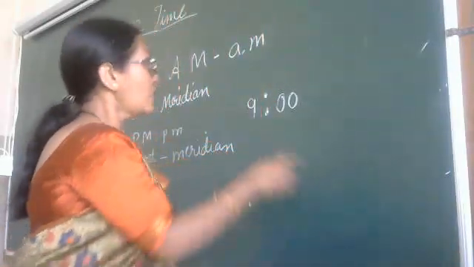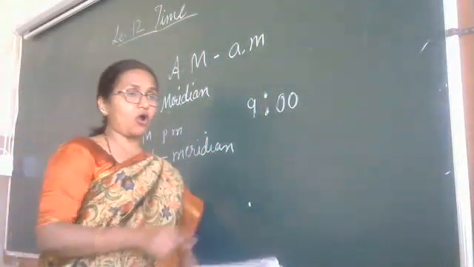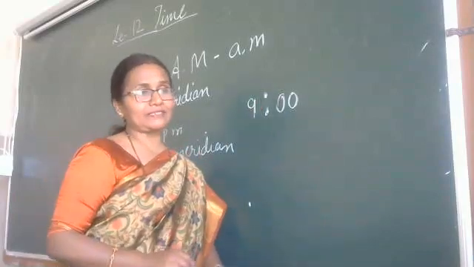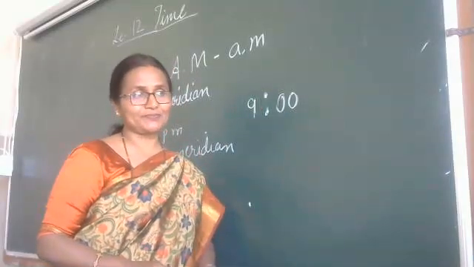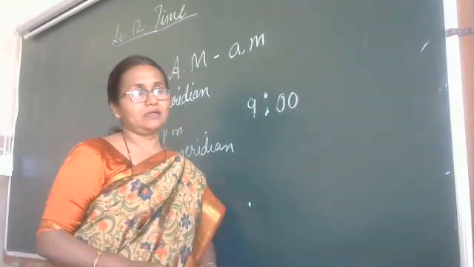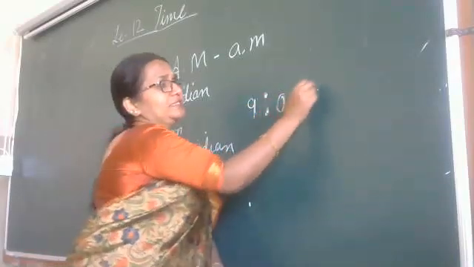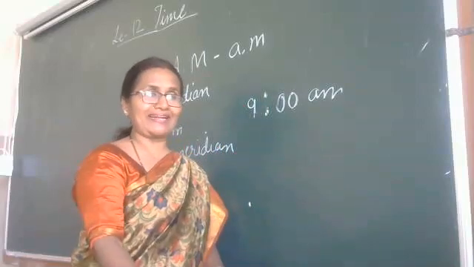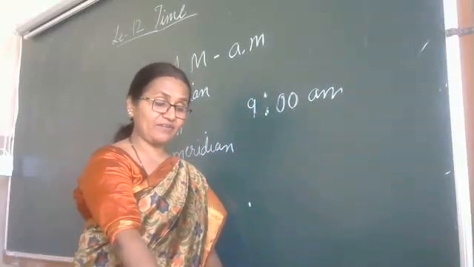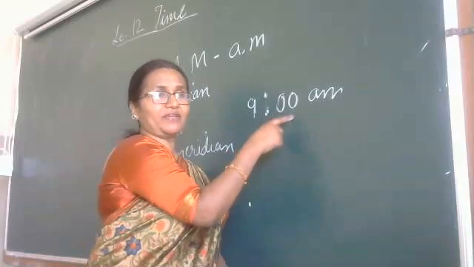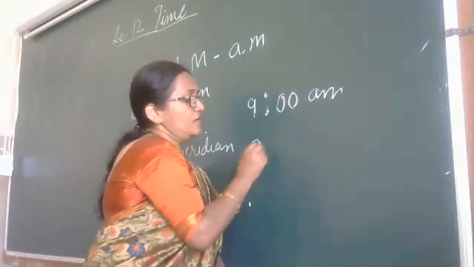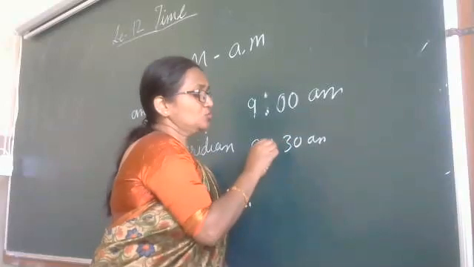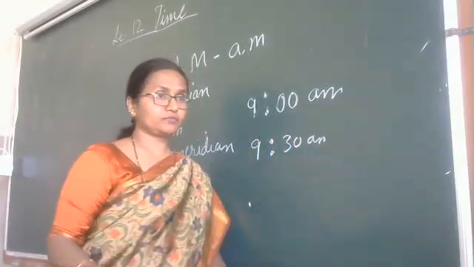I'm asking, what are these two dots called? We put 00. These two dots we put when we write the time in figures. Now 9:30 a.m. These two dots, what are they called?